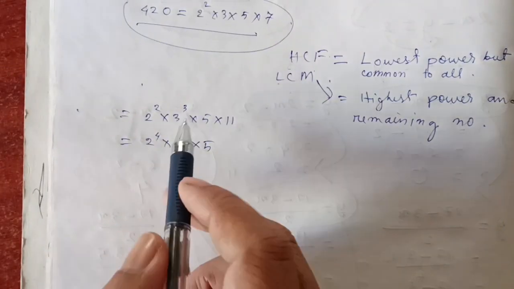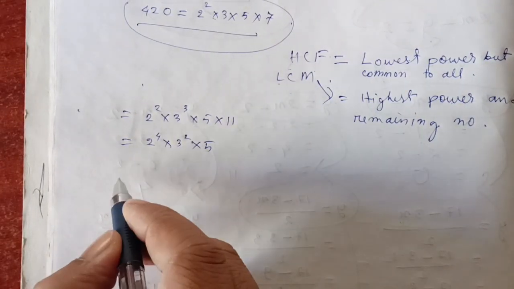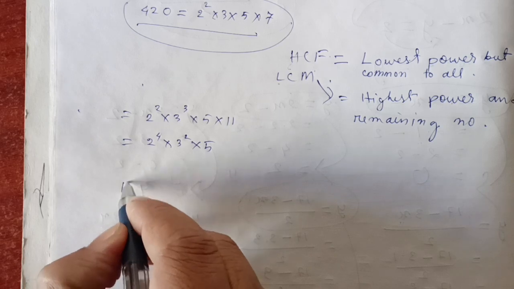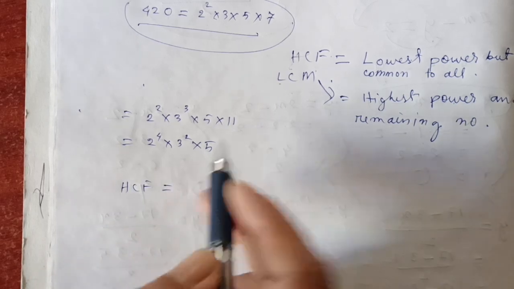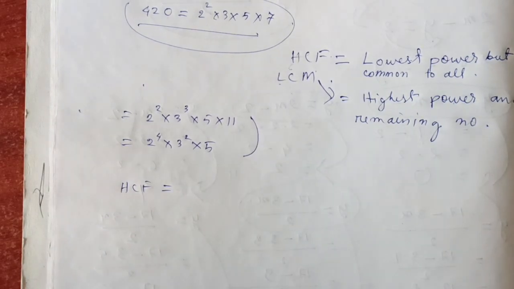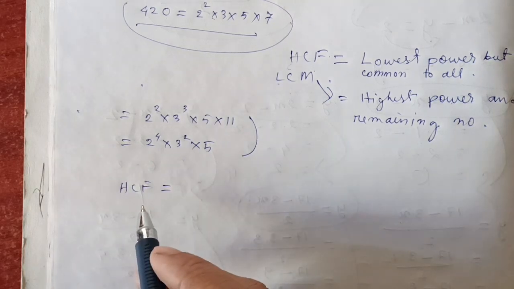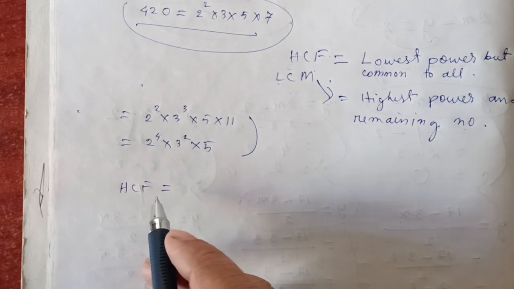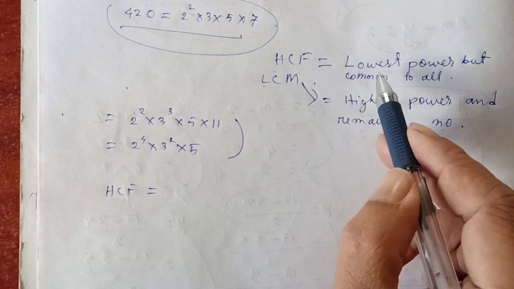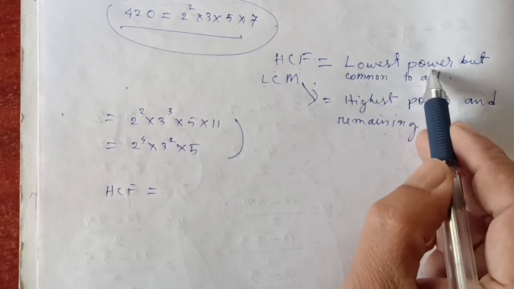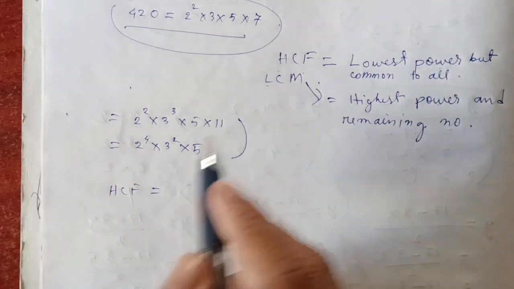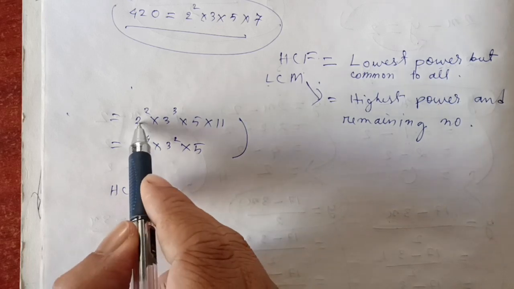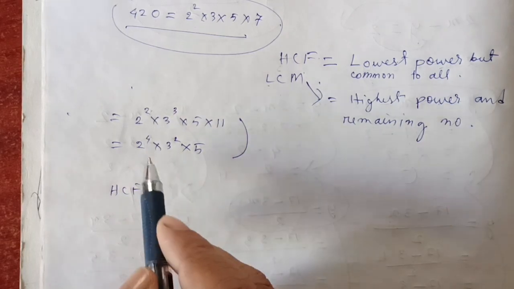Okay, now let us find out from here. First, let's say I want to find out HCF from here. If I want to find HCF, then what did I say? We should select the lowest power. Now let's select 2 here, the power is 2.